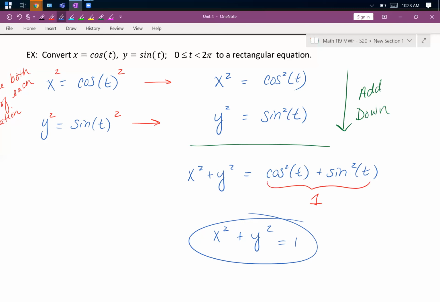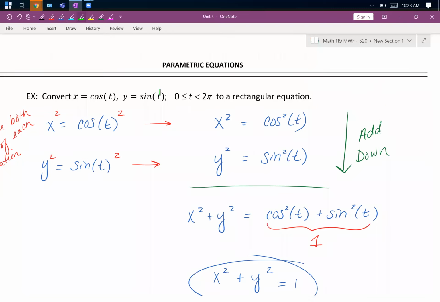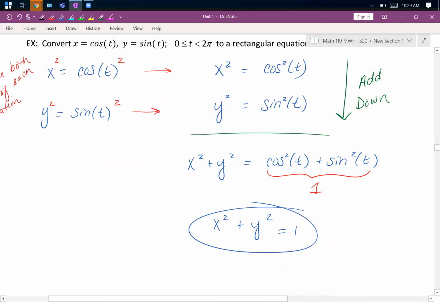So let's talk about the domain a little bit here. It's telling us that t goes from 0 to 2 pi, and t is the angle that we're plugging into sine and cosine. So basically it's saying one trip around the circle. What we have here, the rectangular we ended up with, what's that the equation of?